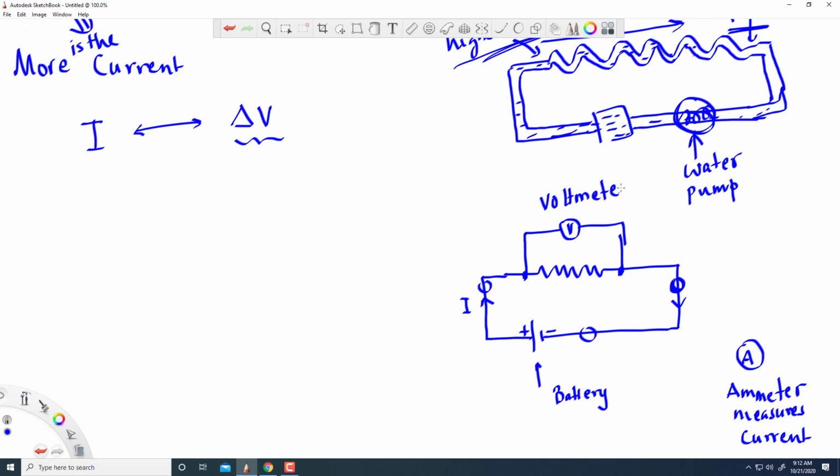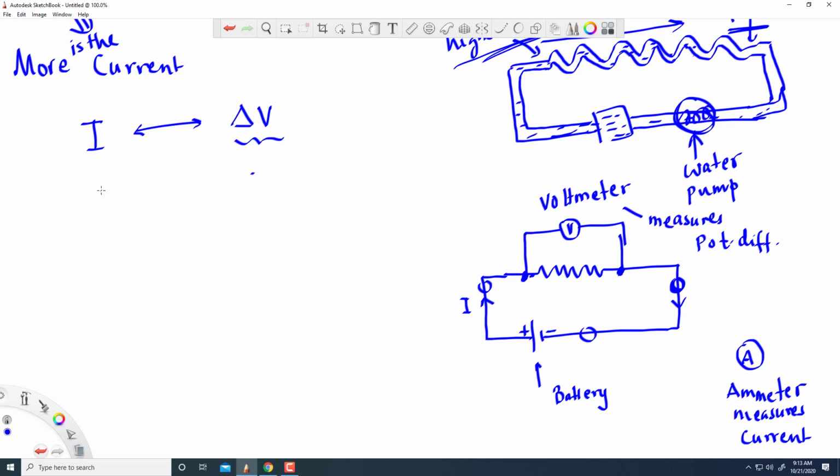So a voltmeter measures the potential difference. So you see the distinction. An ammeter is placed in the path of the current, whereas a voltmeter is placed across the component. If you want to measure here, then connect one end to this side and the other end to this side, and that measures the difference in the potential.